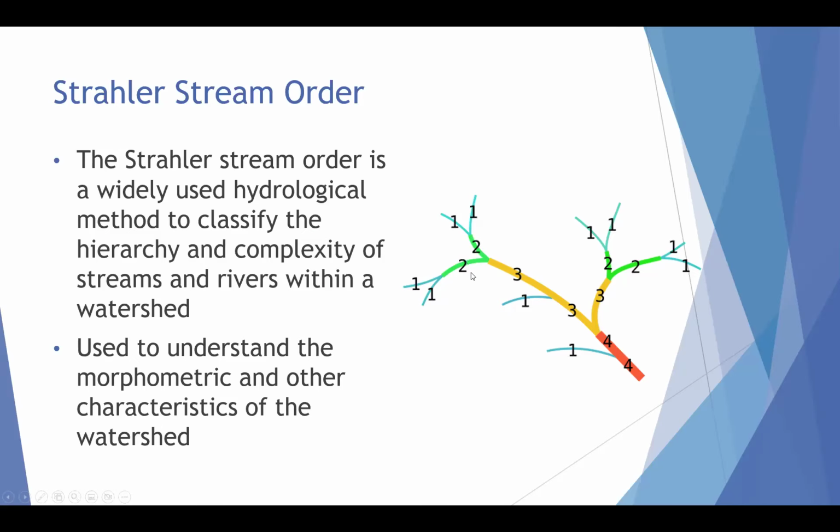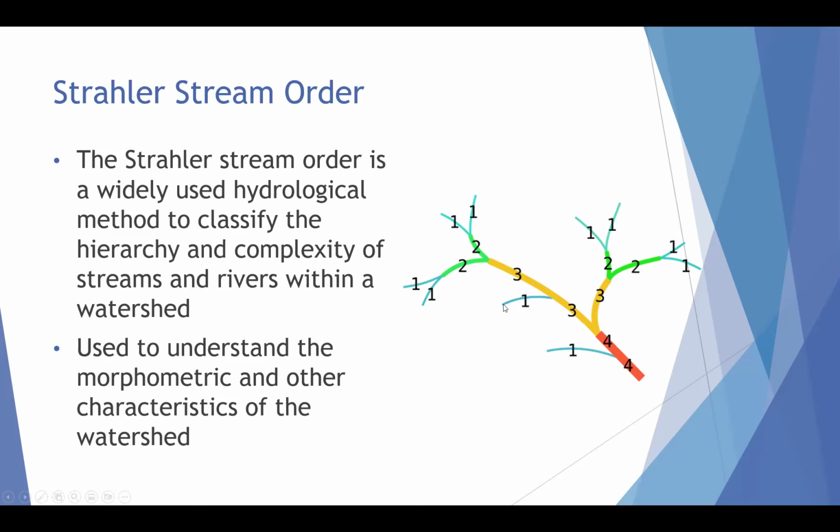Now when 2 second order streams meet, that becomes third order. So if streams of equal order meet, then from that junction point onwards it becomes a higher order stream. Suppose a first order stream meets a third order stream, then the maximum order is 3, so that continues.